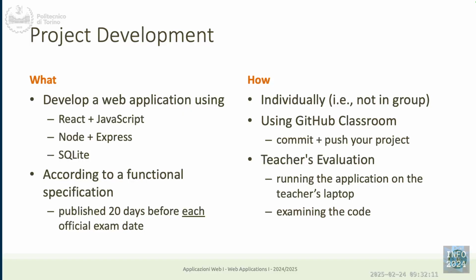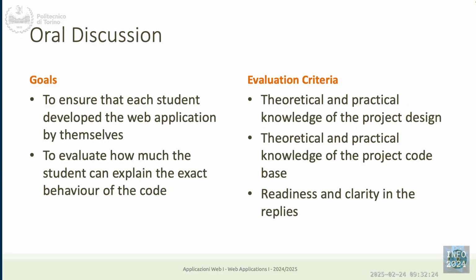So saying it runs on mine is not a good justification. We are also careful about implementing something that can really be ported and executed somewhere else, using the technologies that we have in the course. The oral discussion is for assessing the project and for ensuring that you are the real author.